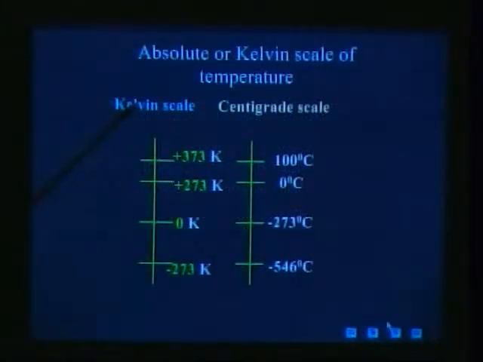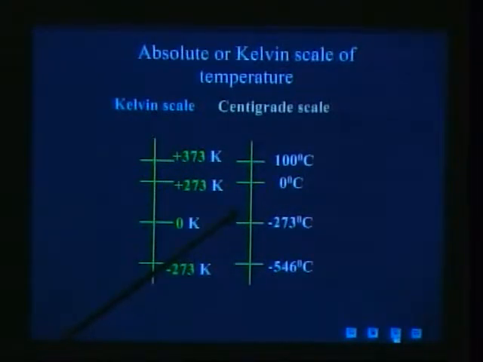Here this is the Kelvin scale and this is the centigrade scale. This minus 273 degree centigrade is taken as 0 degree Kelvin. This is the positive side of the scale and this is the negative side of the scale. The 0 degree centigrade, which is the melting point of ice, converts to plus 273 degree Kelvin, and the boiling point of water, 100 degree centigrade, converts to plus 373 degree Kelvin.